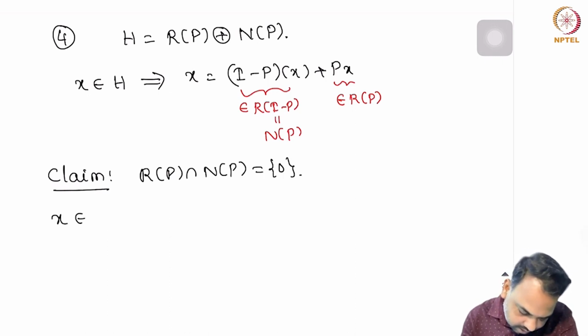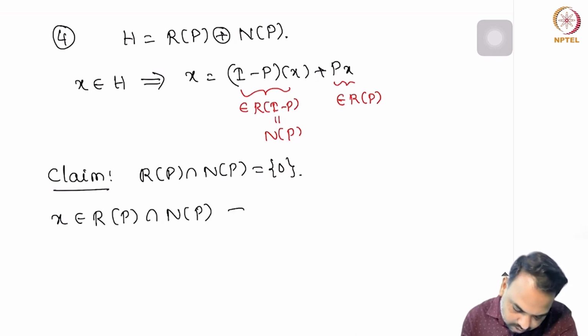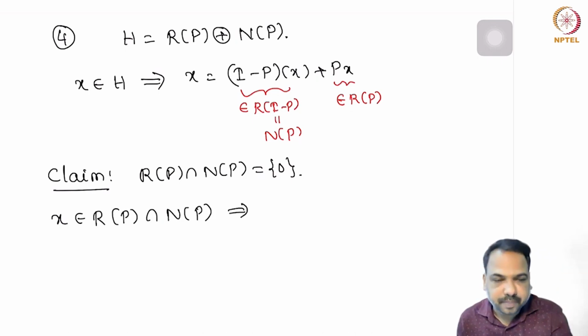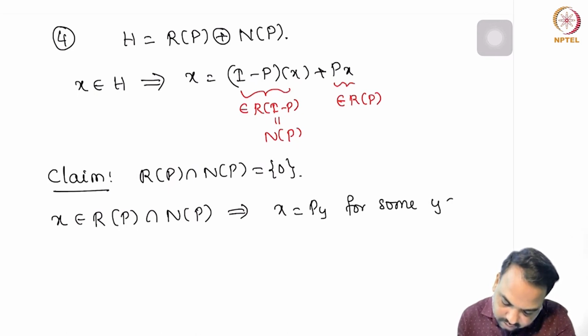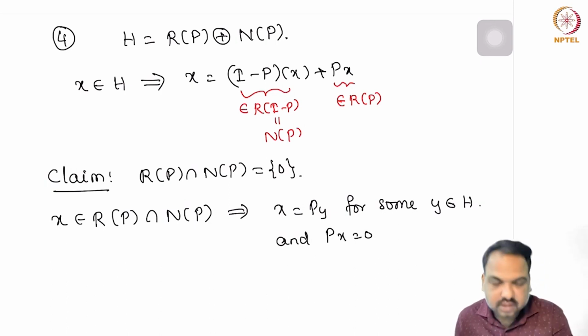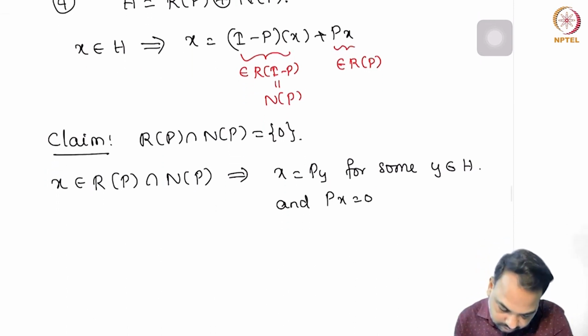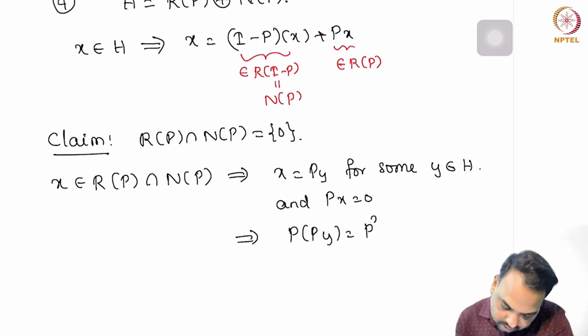So whenever x is in the range of P intersection the null space of P, since x is in the range of P, x equals Py for some y, and Px is 0 because x is also in the null space of P. So from this we can say that P of Py, that is P square y, that is Py, equals 0.